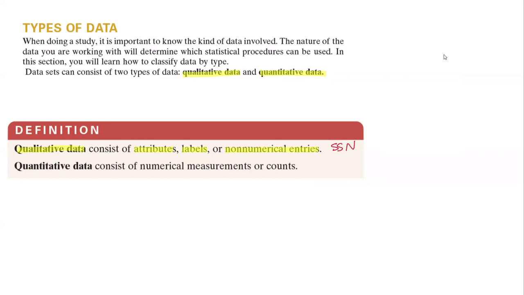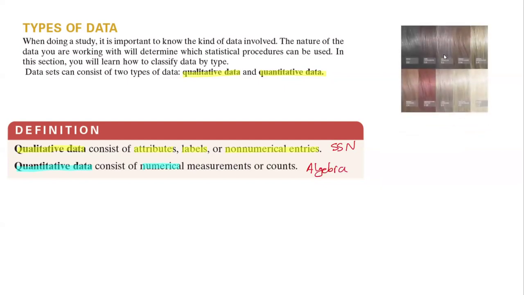So that's why we put it in categories. Quantitative data consists of numerical measurements or counts, and algebra makes sense. So when you're doing algebra on the data, the result makes sense.